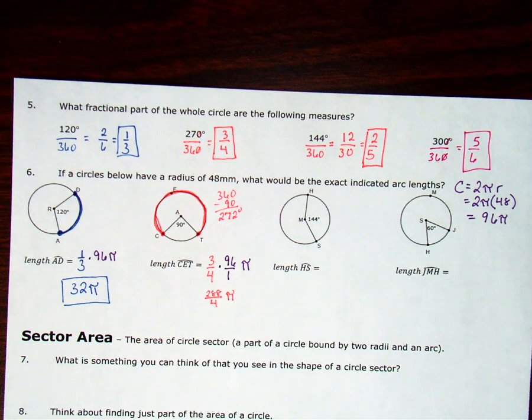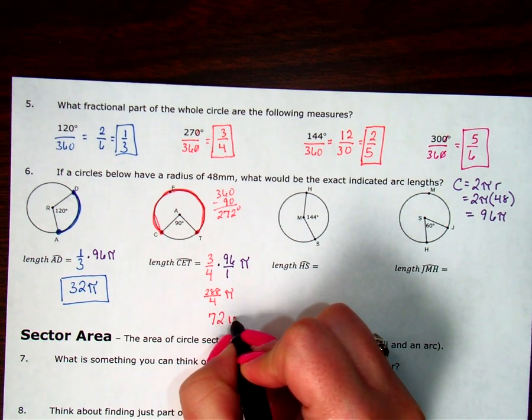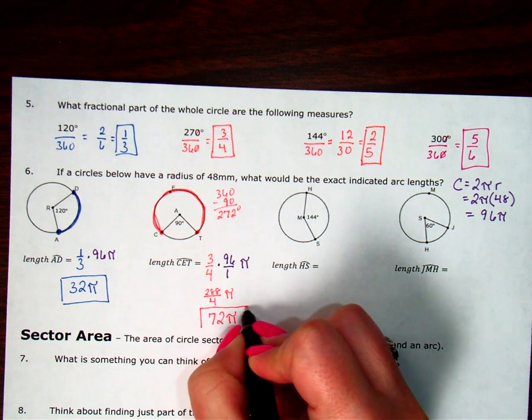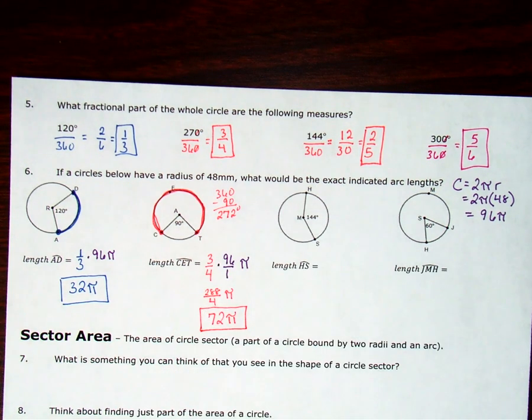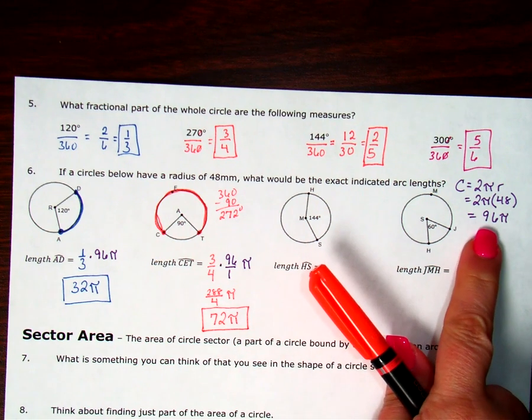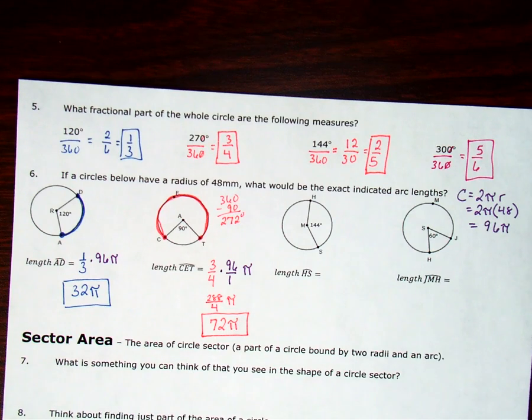And then I just have to reduce that fraction, and I think it divides evenly by 4. 288 divided by 4 is 72. So it does. 72 pi is my exact answer for this one. Okay, so it's normally 96 pi all the way around. If we only go 3/4 the way around, it's 72 pi.